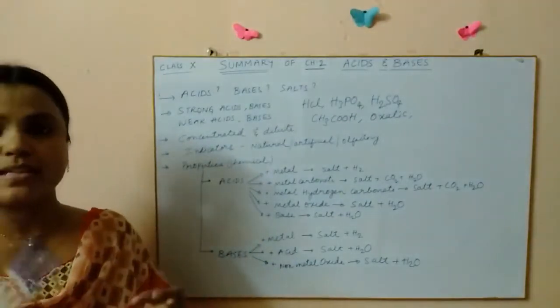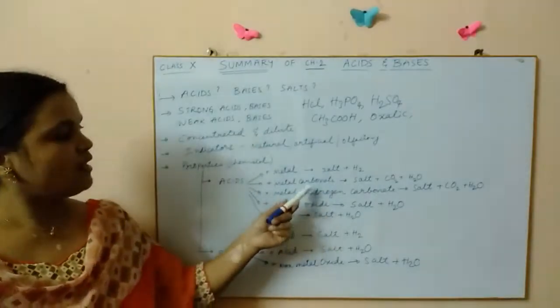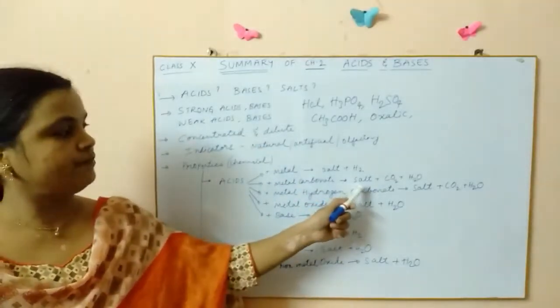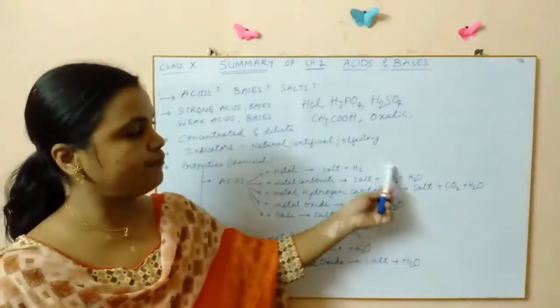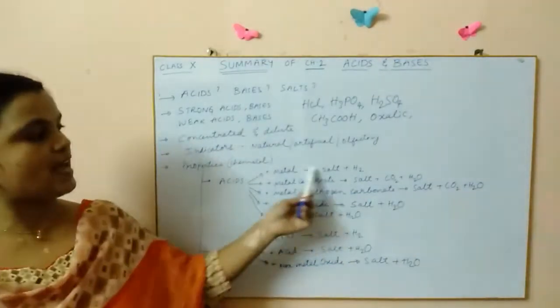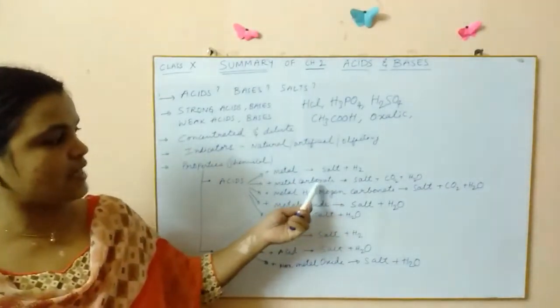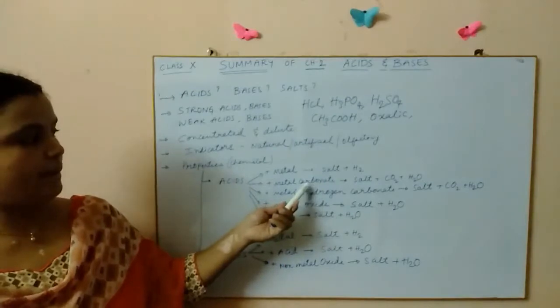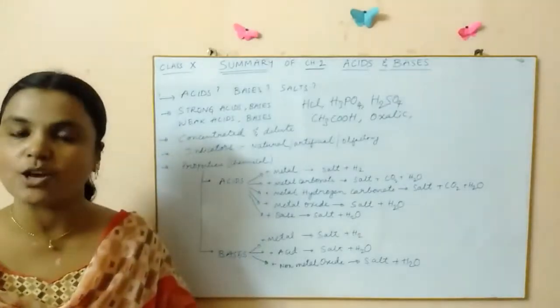Metal carbonate also is somewhat basic in nature. So when a base reacts with acid, you get salt, and we get carbon dioxide because it has carbonate ion, that will be released out in the form of carbon dioxide.